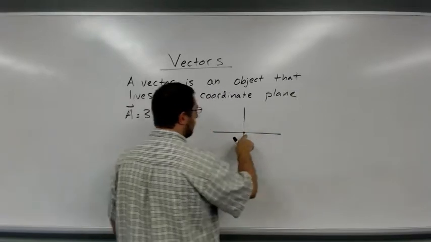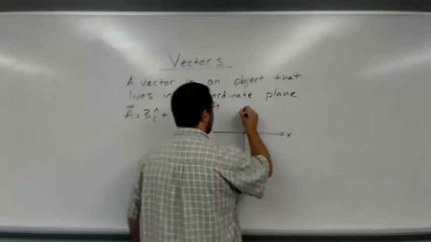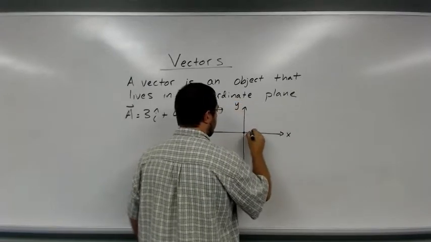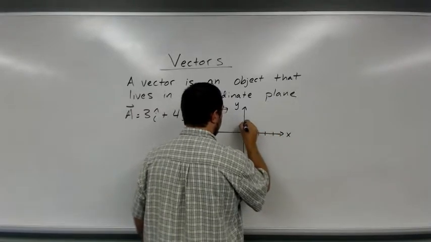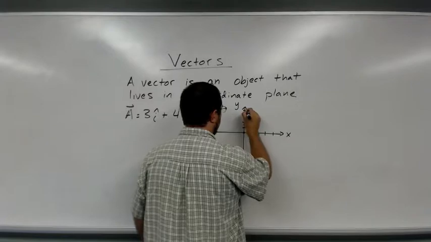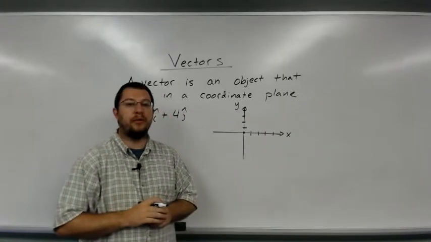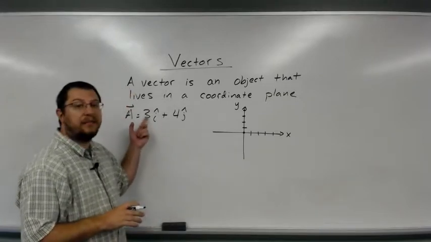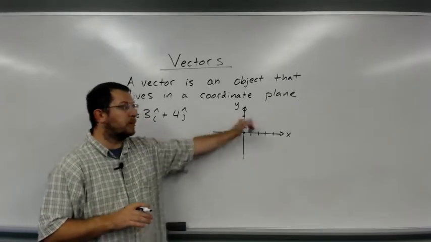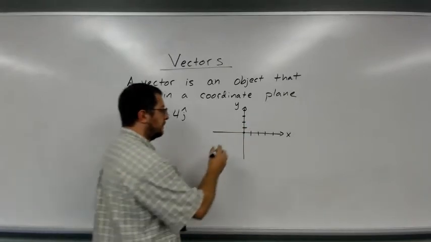And I'm going to label this as my origin. This is the x direction. This is the y direction. And suppose I have unit increments in this direction. So what this is telling us is to take a length of 3 in this coordinate system and then lay that across the x-axis.